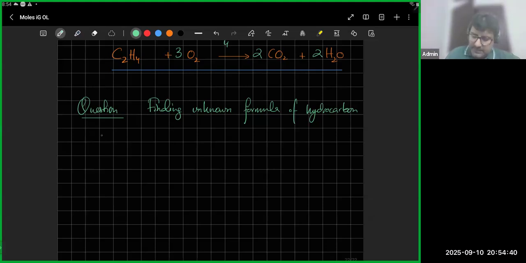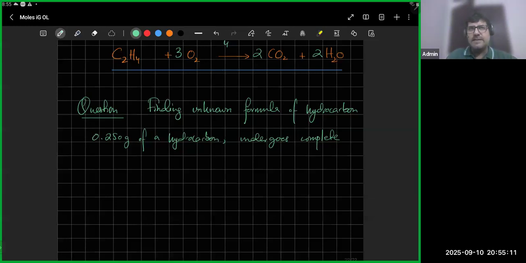So the question is, there is 0.25 grams of a hydrocarbon, and it undergoes complete combustion. So they burn it. Now we don't know what the formula of the hydrocarbon is. Even when you do past papers, you don't often see this question, so make sure you highlight this because it has been asked a few times.